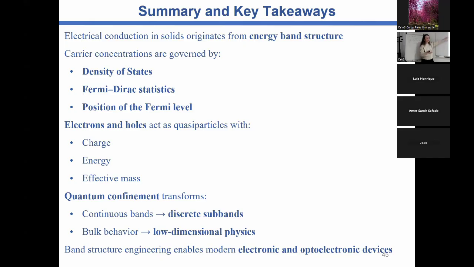When we perturb the material, we create a charge that we call a quasi-particle, the hole, a positive charge, one positive charge of electron inside your valence band. This hole has energy, has effective mass that will affect the material's properties.